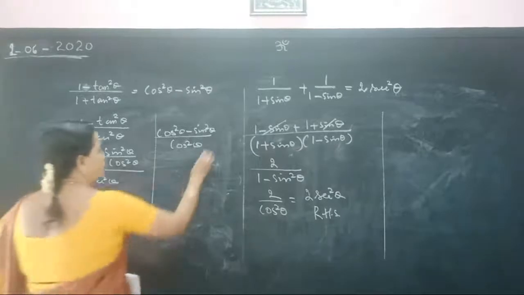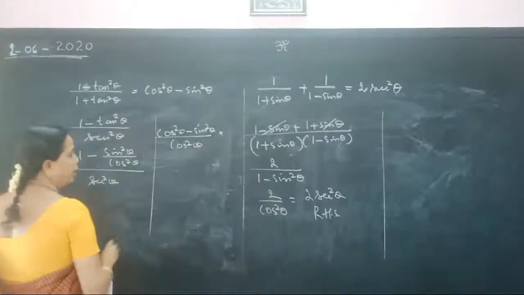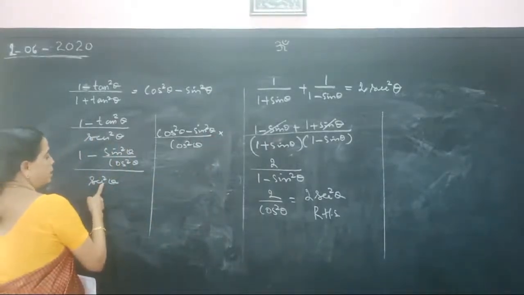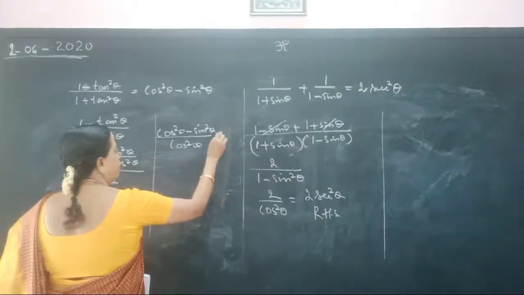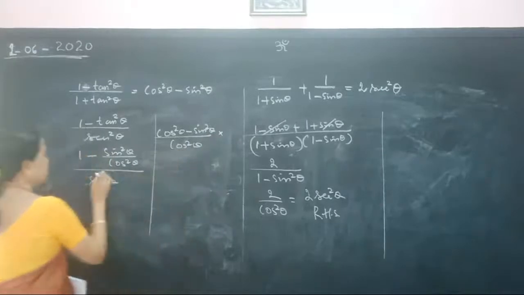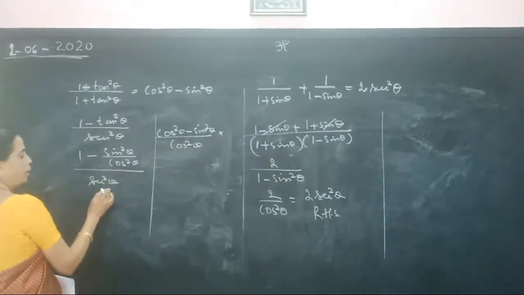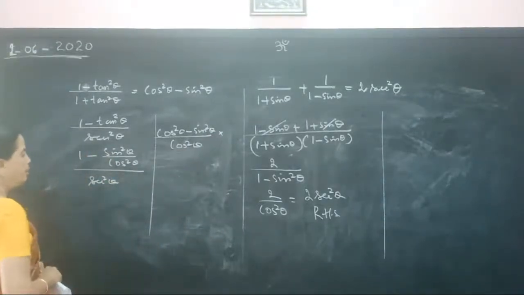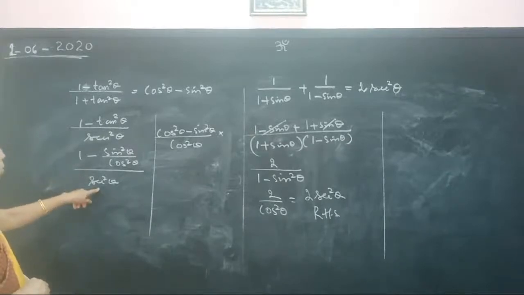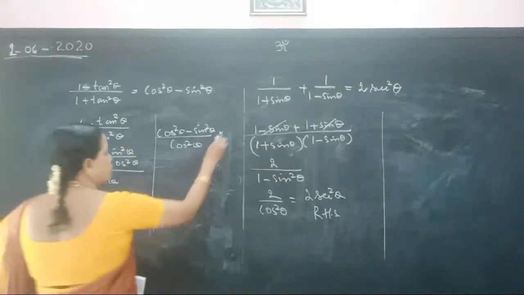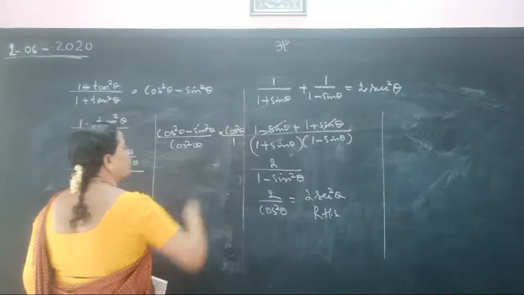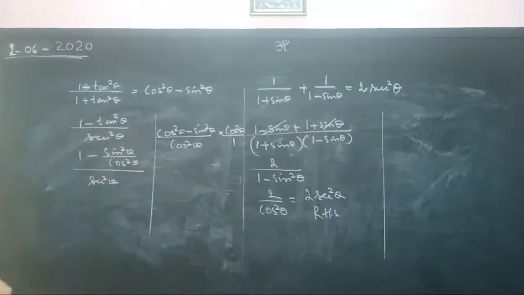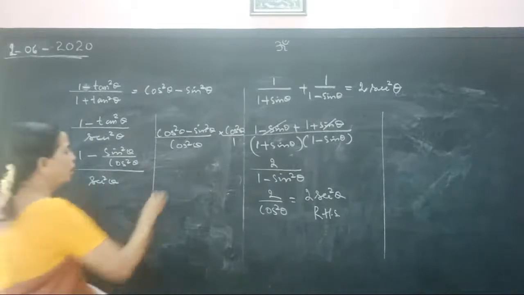Secant square theta in the denominator is 1 upon secant square theta, which is cos square theta.